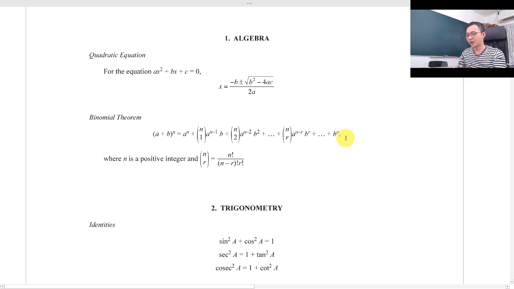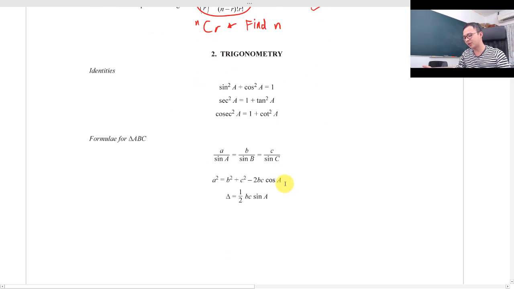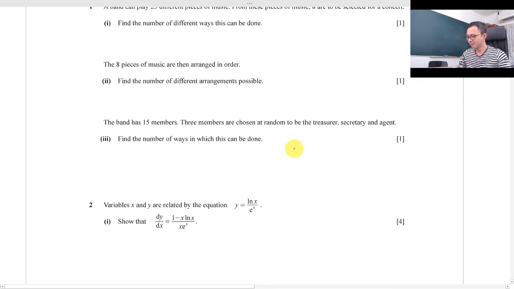You have a quadratic formula, a binomial formula, and the nCr formula over here, which normally you will use only on the binomial topic. If you want to find m, you will use this formula, and if you want to find n, normally you're not using it. And for trigo, you have three trigo formulas, for area, for length, cosine rule and sine rule. Nothing very special here.